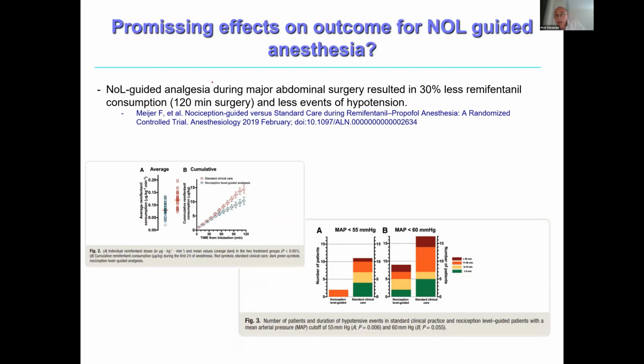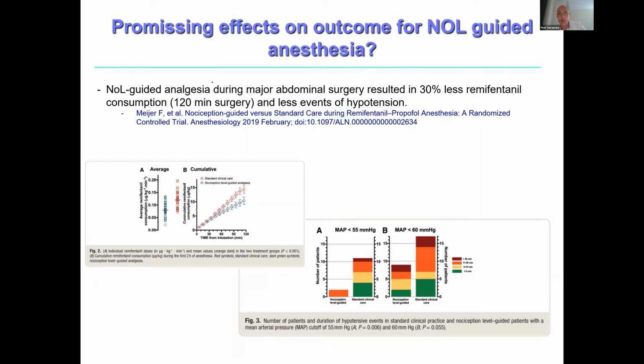So even though the single number of the NOL represents a spectrum of activities, if you guide your anesthesia and opioid titration according to the NOL, there are already several prospective randomized controlled trials that show a beneficial outcome compared to normal clinical practice.